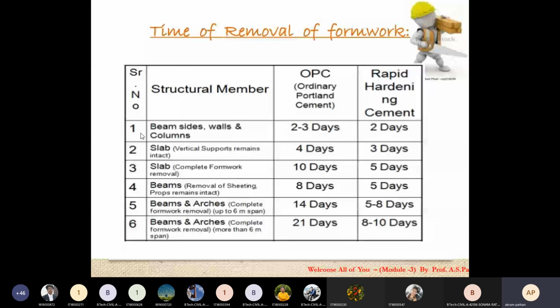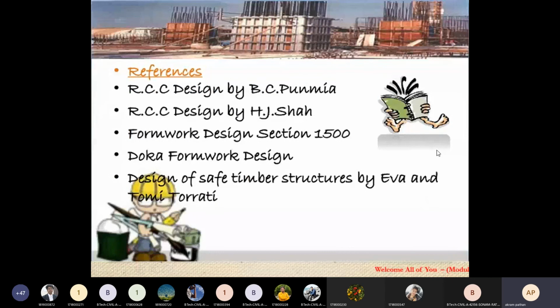We have to make a column, and in the column we have to list the various structural members according to the type of structure. This is very important.